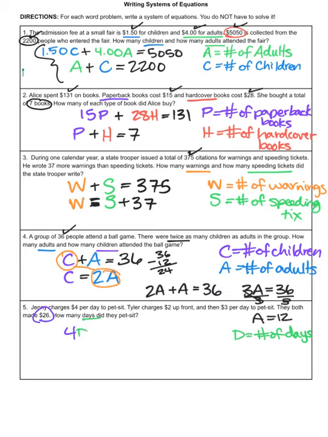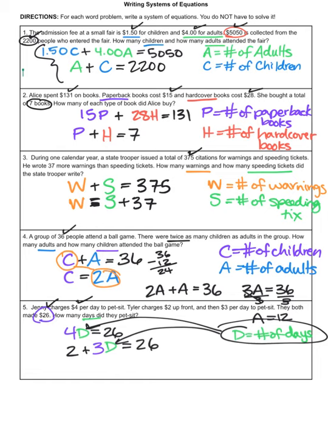So $4 times D equals a total of $26. So I've used the 4 and I've used the 26 once. For Tyler, he charges an initial $2 and then only $3 per day to pet sit. So I'll write 3 times D. And he also made $26. So in this case, we have only a single variable, but again, it's written in both equations.